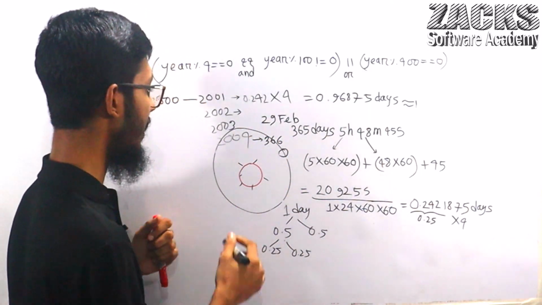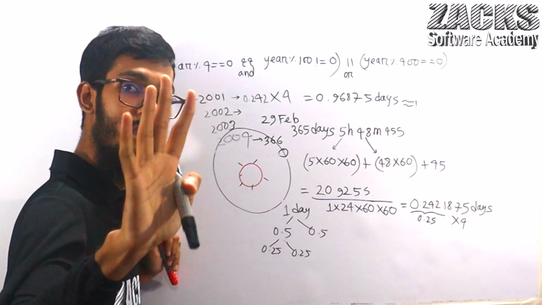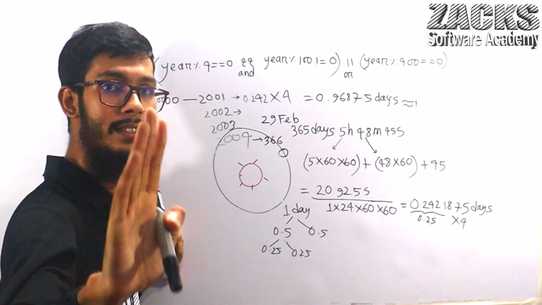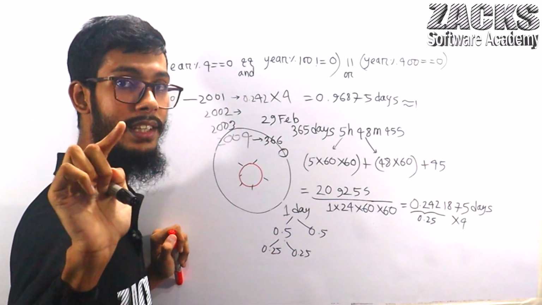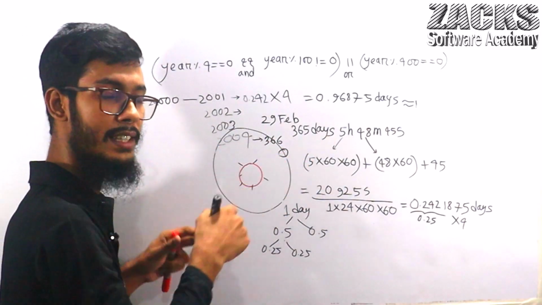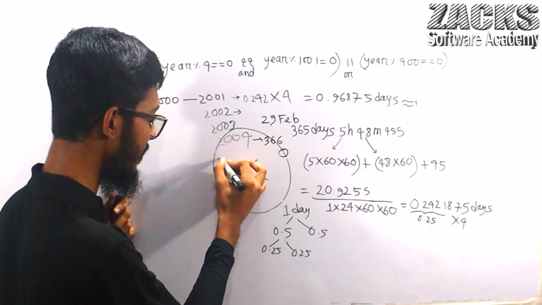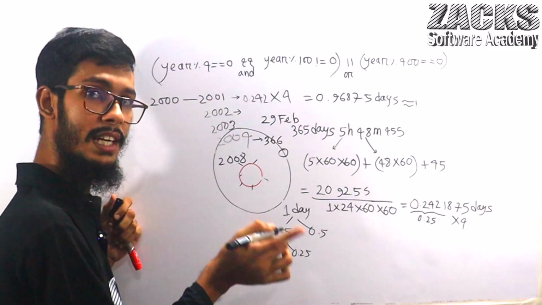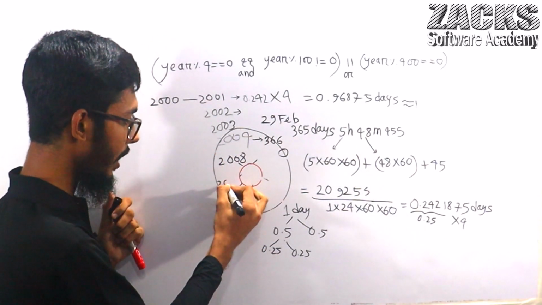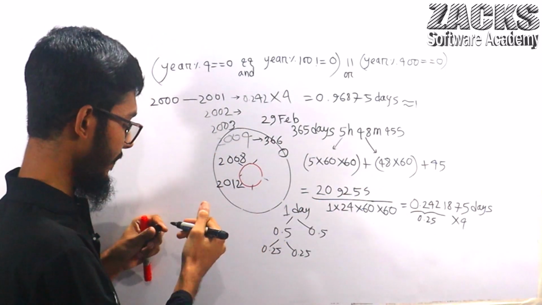So, sir, in 2004, after 4 years, we are extra adding 1 day to the year. So in 2004 we are adding an extra day. After 4 years, in 2008, we are extra adding 1 day. In 2012 we are extending 1 day.